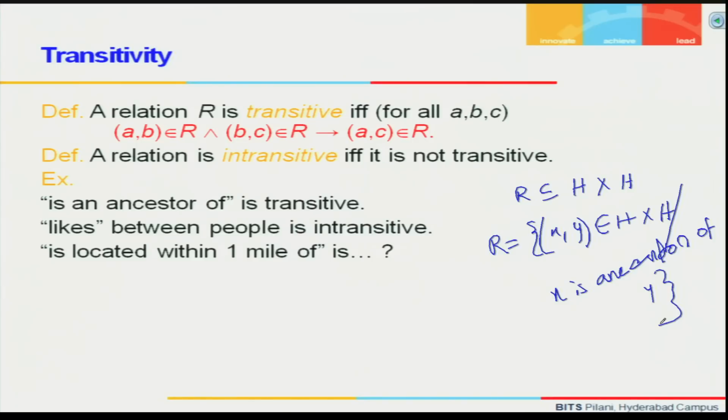Say I am defining a relation like this: x comma y, both of them are human beings. Then I put the tuple in R if and only if x is ancestor of y.